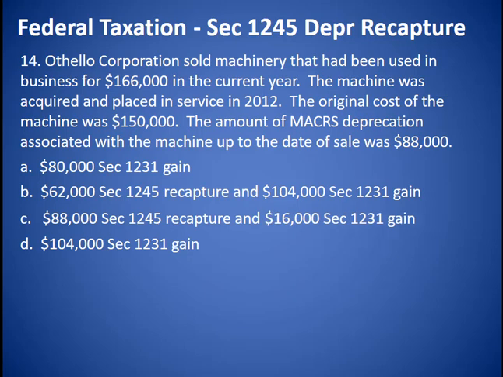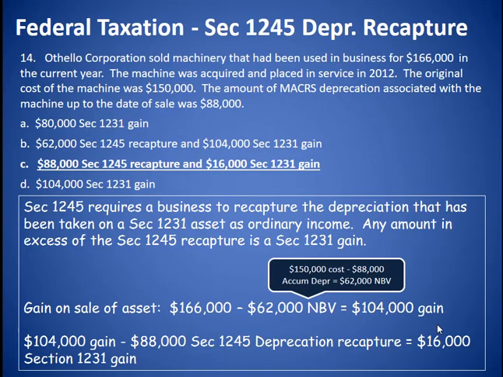Okay, let's take a look at the answer to question, in this case, question number 14. Othello Corporation sold machinery that had been used in the business for $166,000 in the current year. The machine was acquired and placed into service in 2012, which tells us right away that it's been held more than a year.